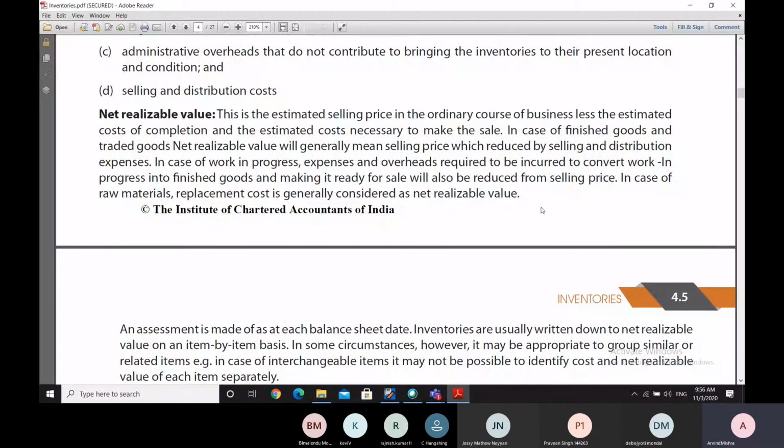Thirdly, in case of the raw materials, what is to be considered as the net realizable value is the replacement cost of the raw material. Replacement cost means that if I have to sell the existing raw material and I have to buy a new raw material instead of that, what will be the replacement cost?